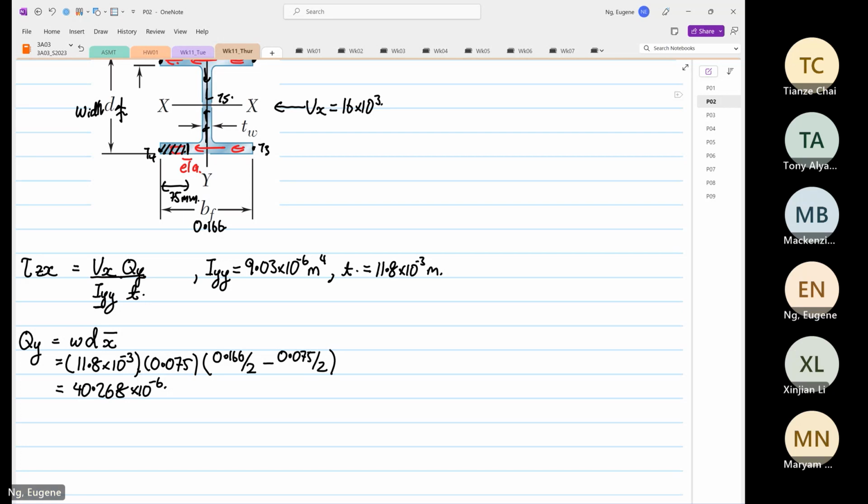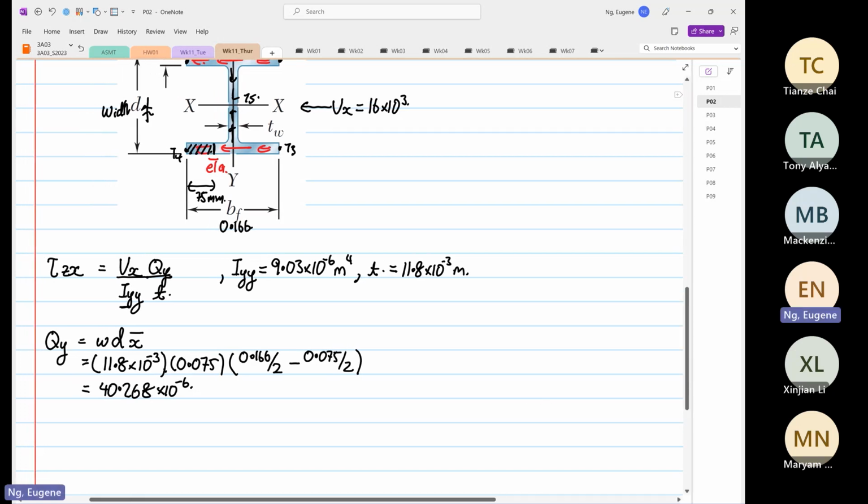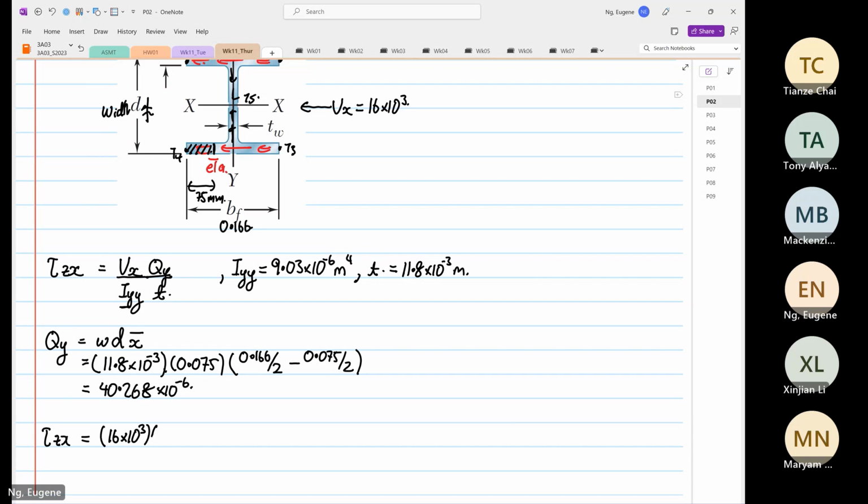Right. And from here, once we got that, it's also straightforward. So shear Zx is equal to Vy, which is 16 times 10 to the power 3, multiplied by Qy. This is in meters cubed, by the way.